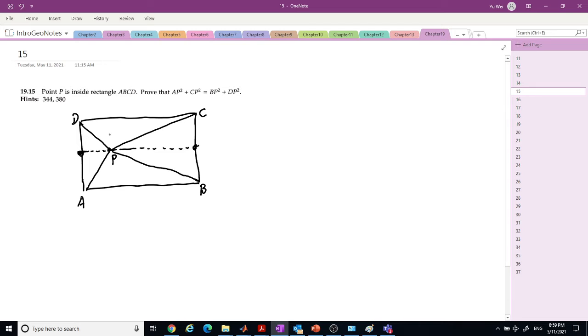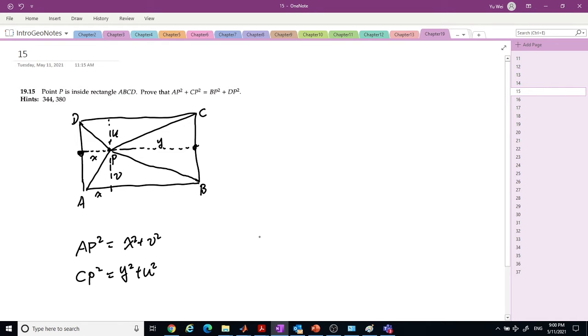Now let's see, for example, this is the X, this is the Y, and this is the U, and this is the V. Okay, so now let's parameterize the AP, BP using the X, Y, U, V. So AP square is equal to the X square plus the V square, and the CP square is equal to the Y square plus the U square.